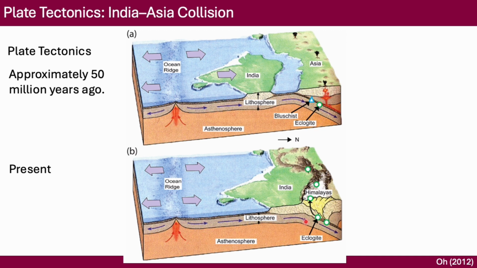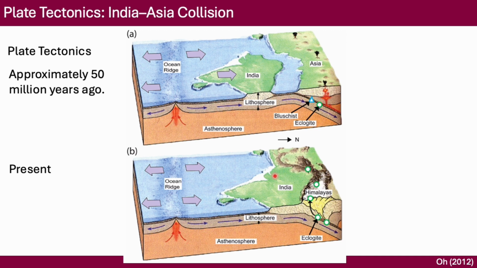And finally, the Indian continent collided with the Asian continent. This strong continental collision caused the crust to become thicker and uplifted, forming the Himalaya mountains. So this example shows that continents can move over geological time.